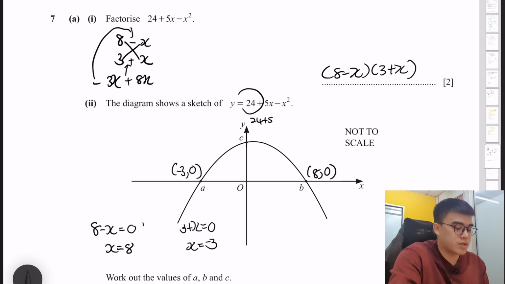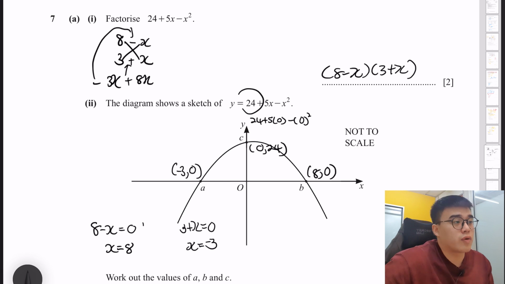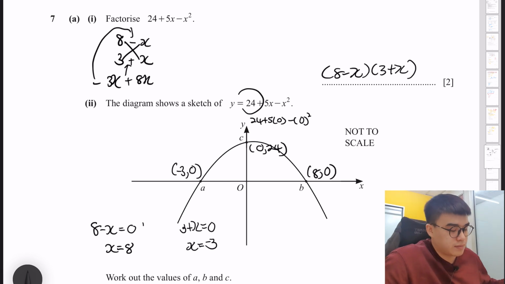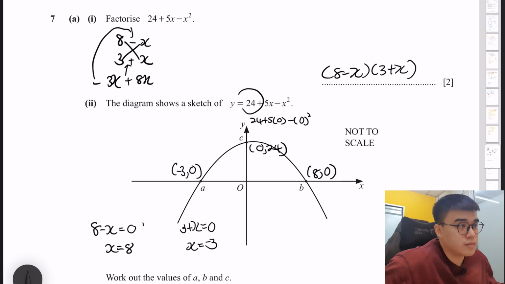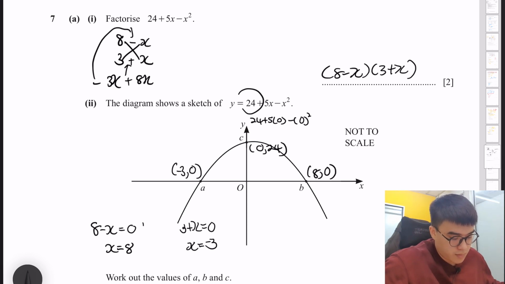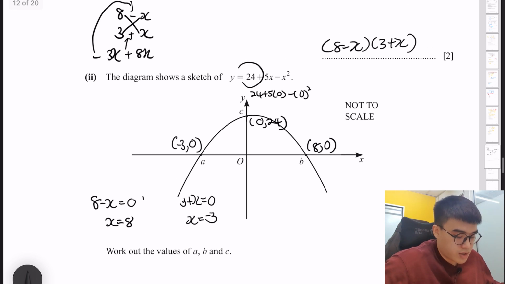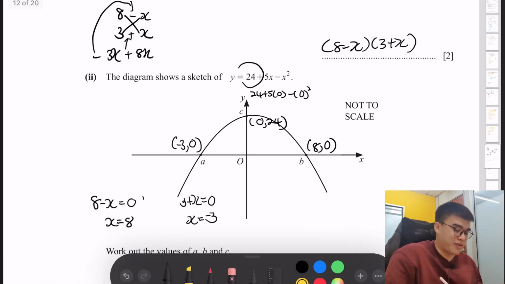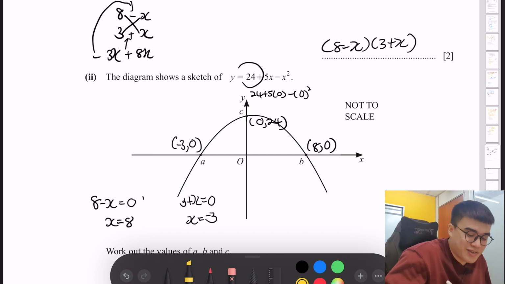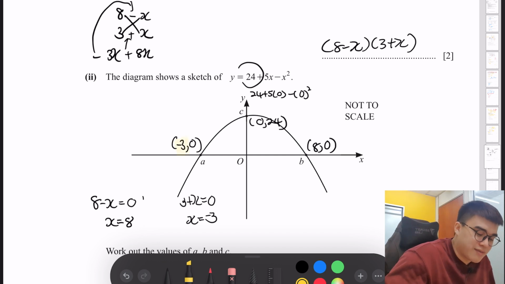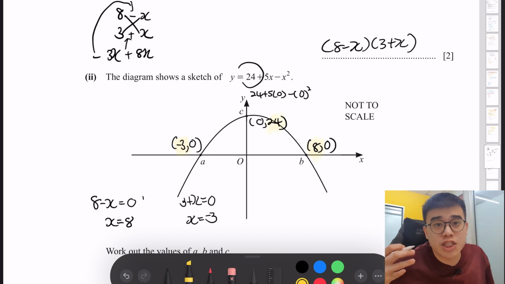So 24 plus 5 times 0 minus 0 squared is obviously 24, where the results here will be the following for A, B, C. And I just realized they weren't asking for coordinates. So all you need to do is find the value of the respective point, which is the one that I shaded in yellow.